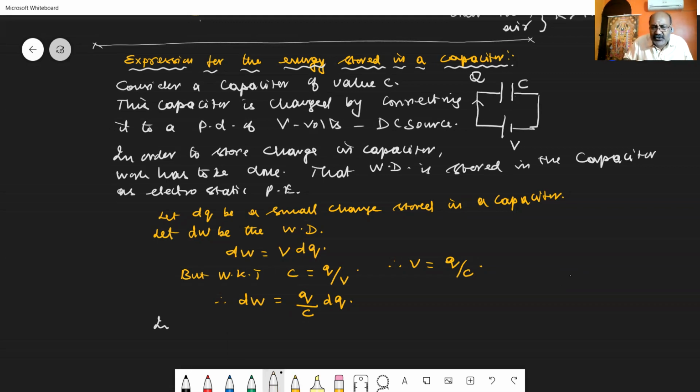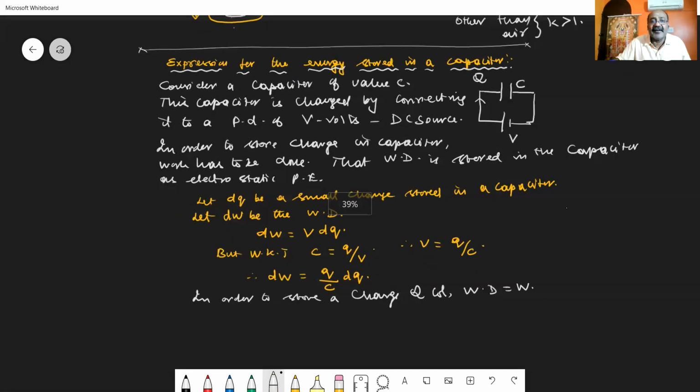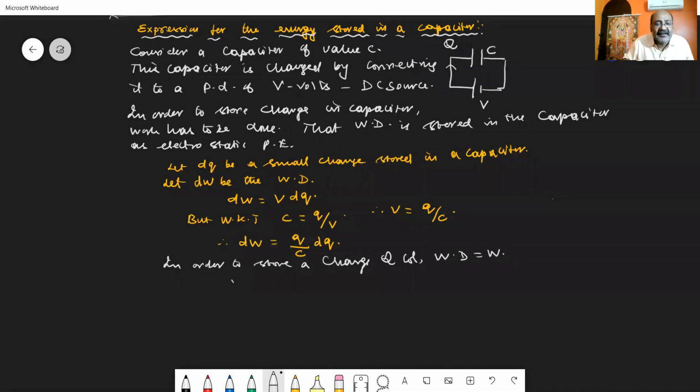Now, in order to store a charge of Q coulombs, let the work done be W. What is the total work done? We have to take the integral, or summation, of the small work done dW, which is equal to the integral of Q divided by C into dQ.